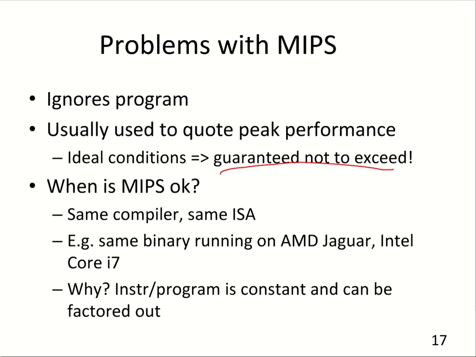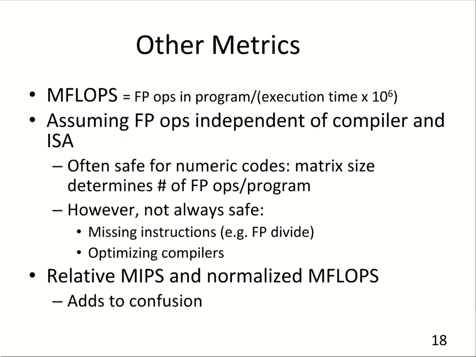In that case, comparing MIPS against MIPS, there's really no problem, because the instructions per program term, which is the one that was changing in the previous slide most dramatically, is now constant. It's not changing, and so we can factor it out of our performance comparisons, which is exactly what we do when we use MIPS as a comparison. So that's a safe thing to do and a valid comparison to make, but only in that circumstance.